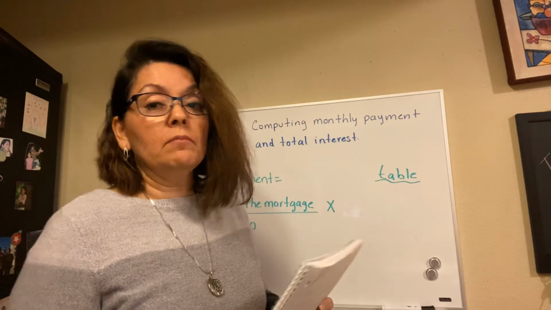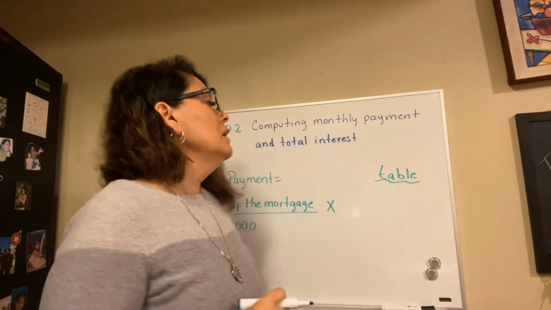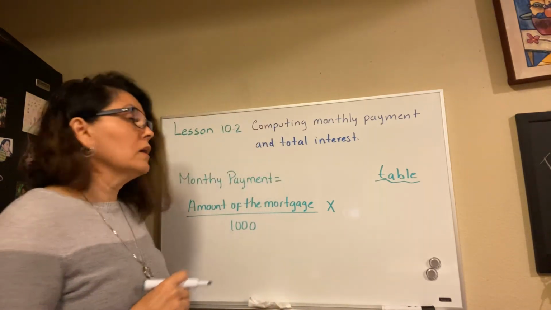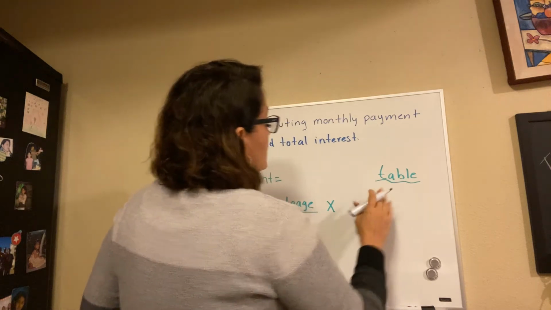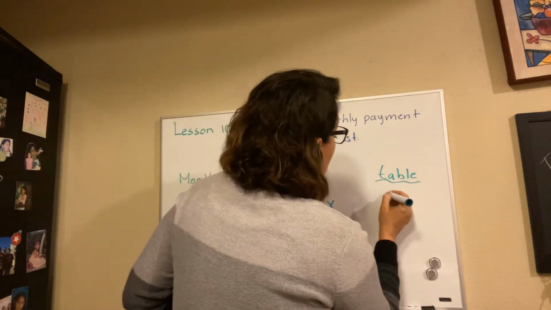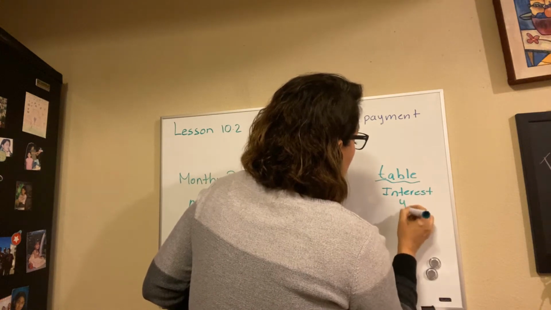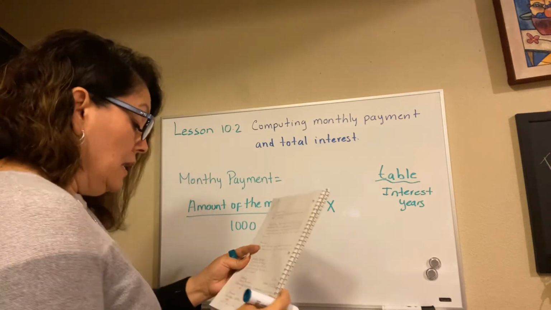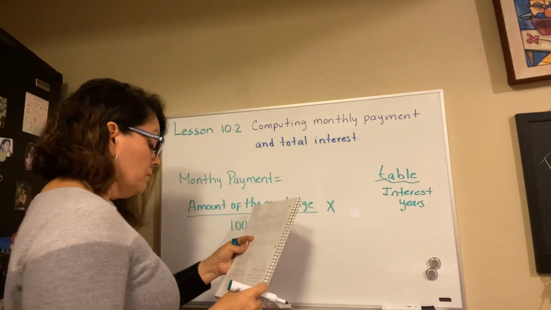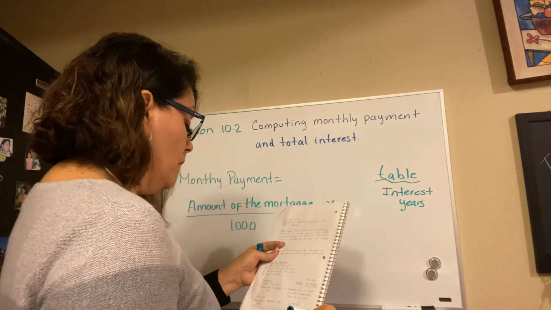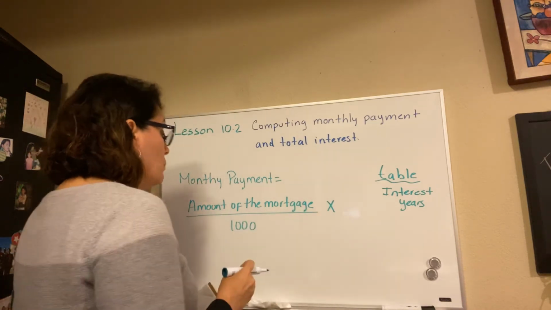In this lesson, I didn't give you the table, but I'm going to give you the numbers that you are going to be using for the homework. And what is the table? The table depends on the interest and the years of the loan. It is the amount that we pay for each 1,000 that we borrow.